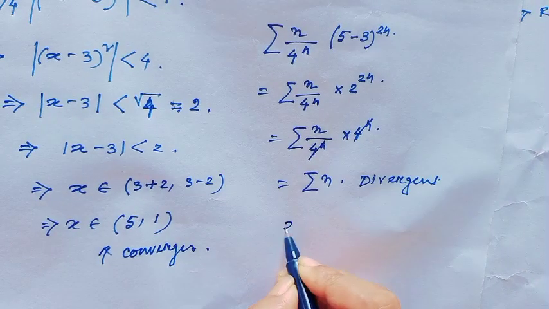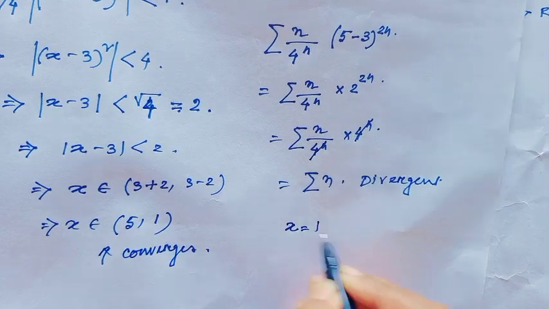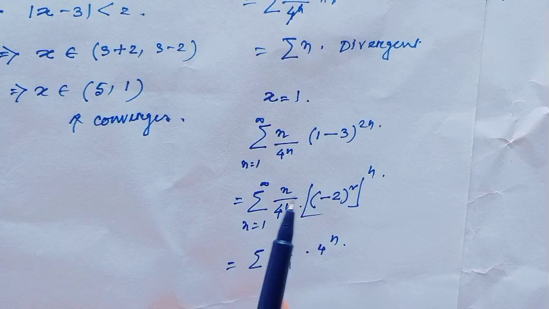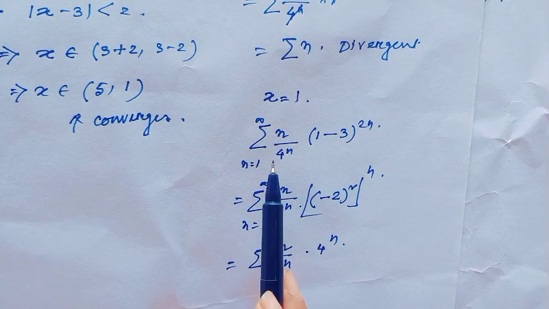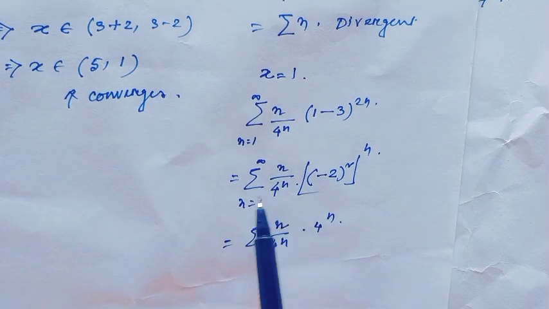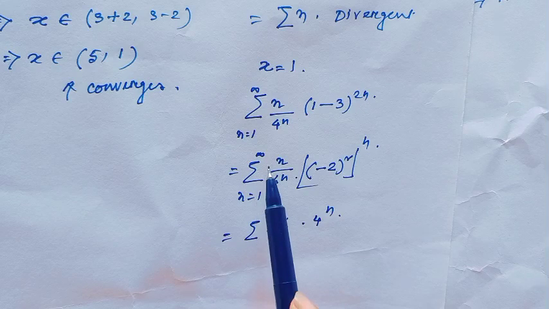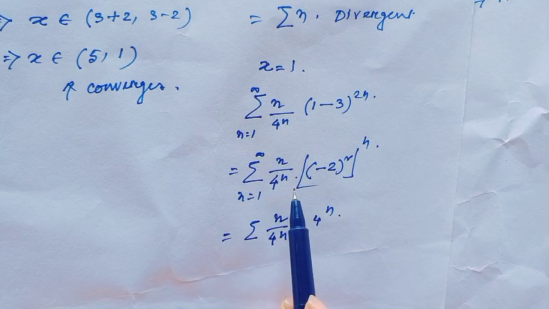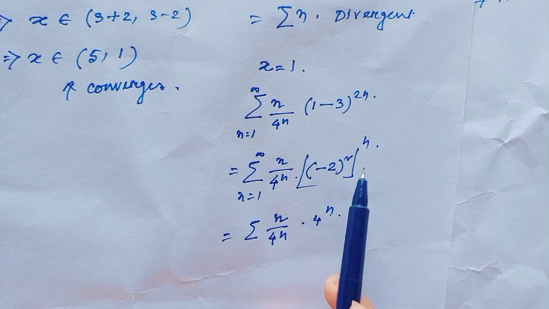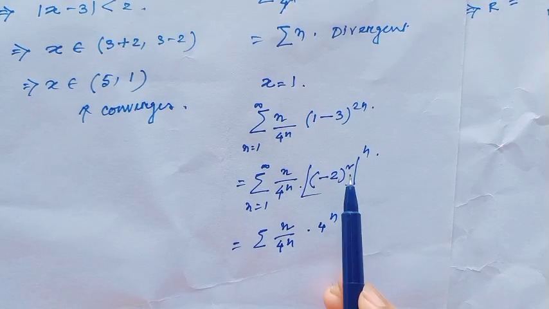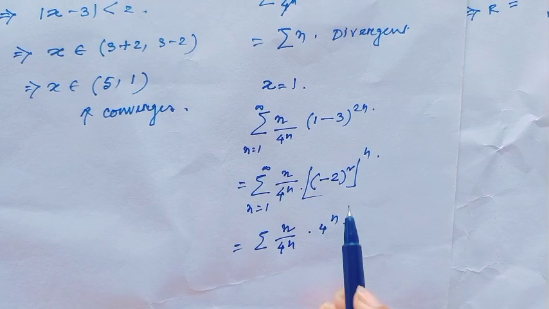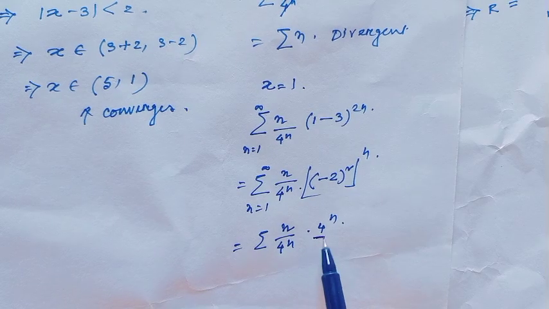Now I will check at the point x equal to 1. At the point x equal to 1, the power series reduces to the series n equal to 1 to infinity of n over 4 to the power n times (minus 2) to the power 2n. Since here it is squared, this would be 4 to the power n.